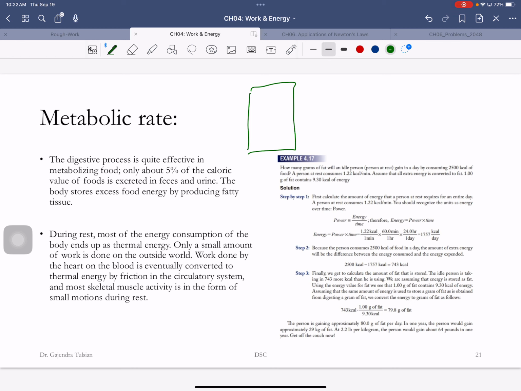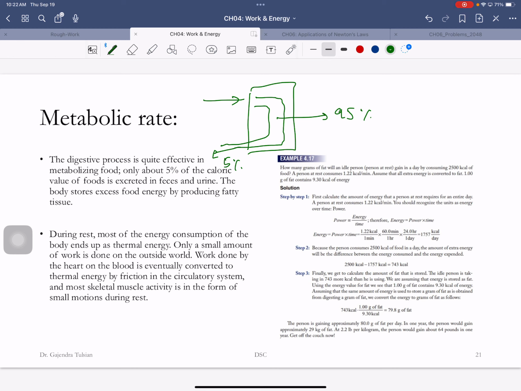So let's say you take in food: 95% is absorbed by the body, and only 5% is eliminated. For every $100 you eat, only 5% of that nutrition value is thrown out.